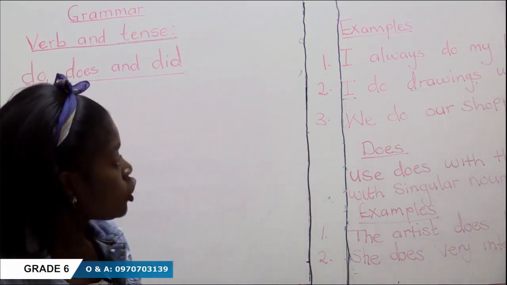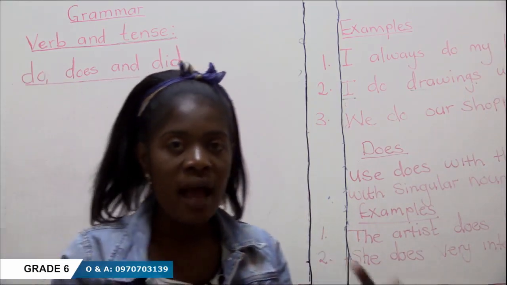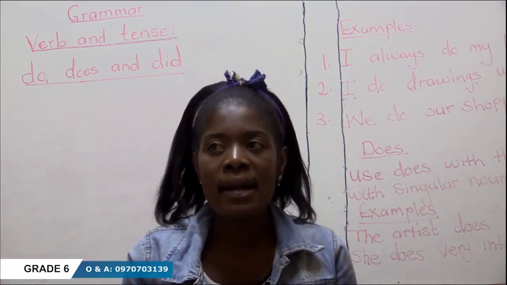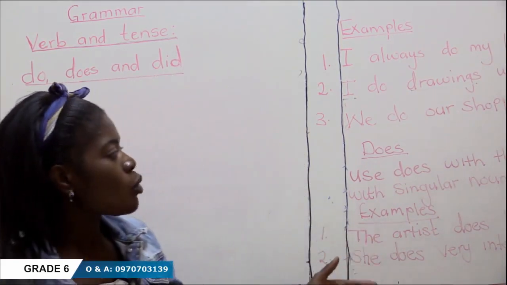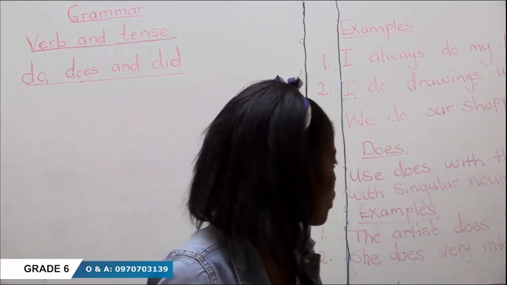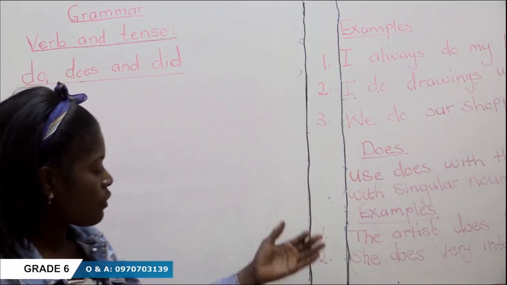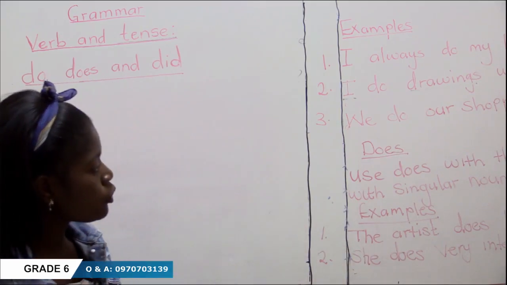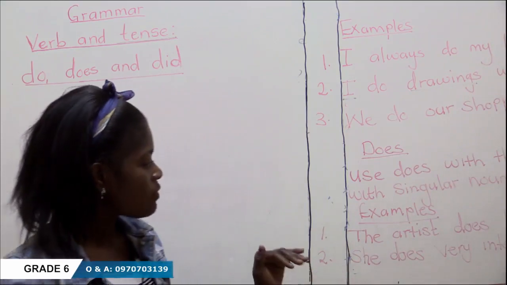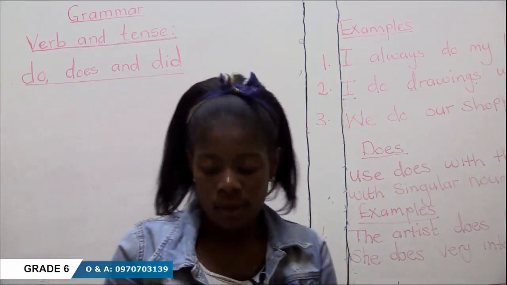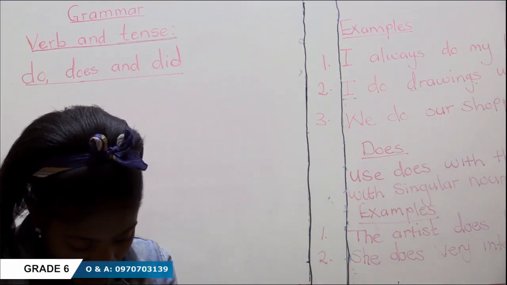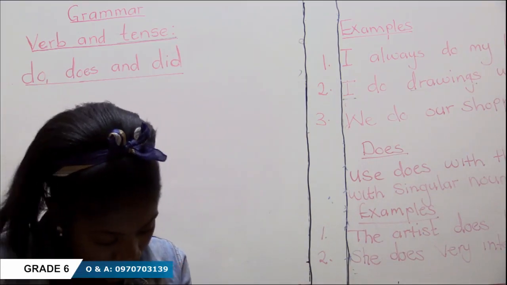We use do with the pronouns I, we, you, and with a plural noun, and we use does with the pronouns he, she, and it with singular nouns. I've given you examples: the artist does beautiful paintings; she does very interesting work. Okay, boys and girls, let's talk about how we can use did.